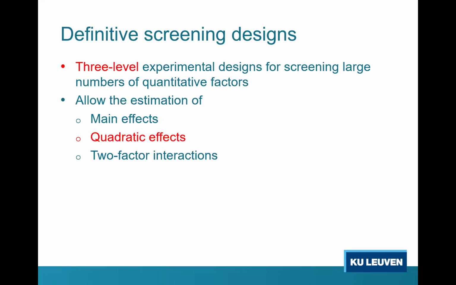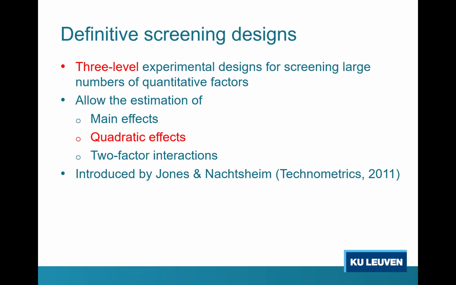So they also allow you to focus on main effects, quadratic effects, and two-factor interactions. I said 2011, that's the date where they appeared. In the literature, these definitive screening designs were invented by Bradley Jones and Chris Nachtsheim, 2 famous researchers in design of experiments.